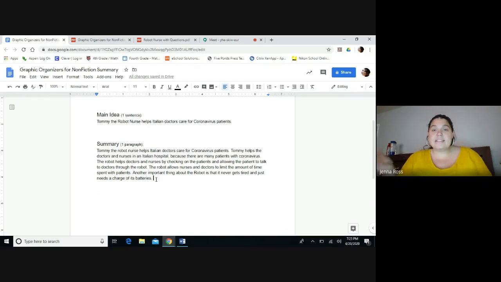Okay, so that's our kind of last thing that we're going to pull from this paragraph. And if you want to write a final sentence, you can, but I think this is a great summary. So when we go back and read our summary, it says, Tommy, the robot nurse, helps Italian doctors care for coronavirus patients. Tommy helps the doctors and nurses in an Italian hospital because there are many patients with coronavirus.